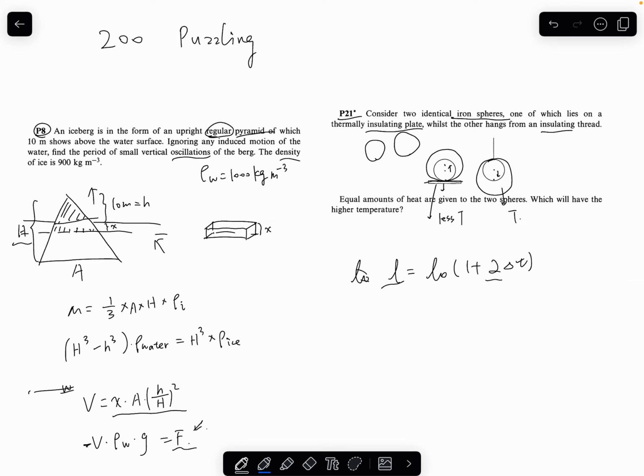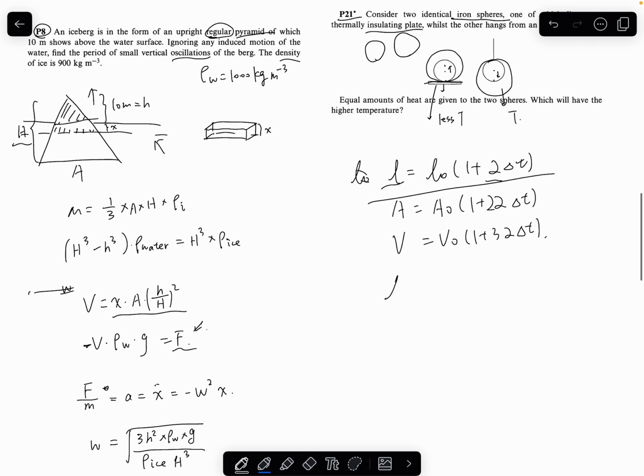The area will also become larger, but the coefficient will become 2 alpha delta T, and for volume, 3 alpha delta T. You just need to multiply this out to the cube. Because alpha delta T is much less than 1, this approximately equals this, and 3 alpha would be the volume coefficient.